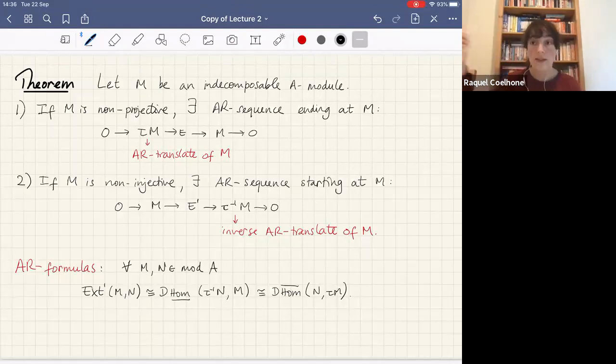This is basically the main result in Auslander-Reiten theory, which is about the existence of Auslander-Reiten sequences.